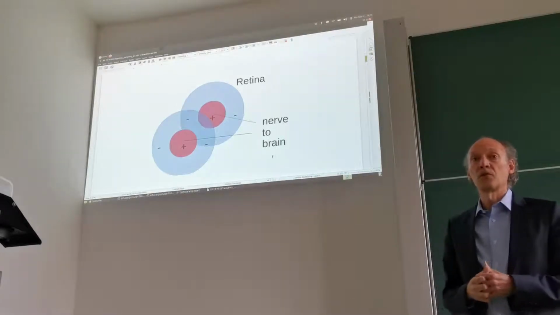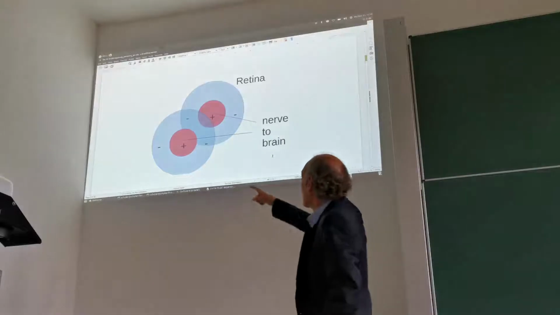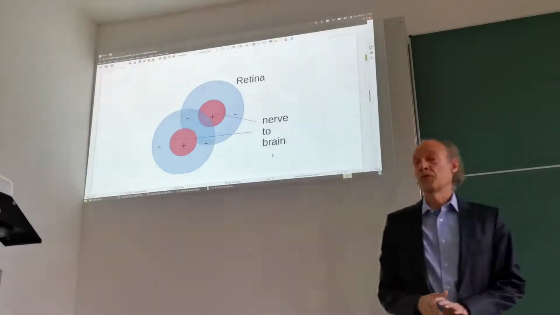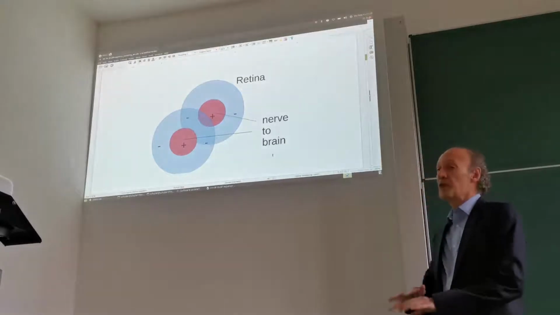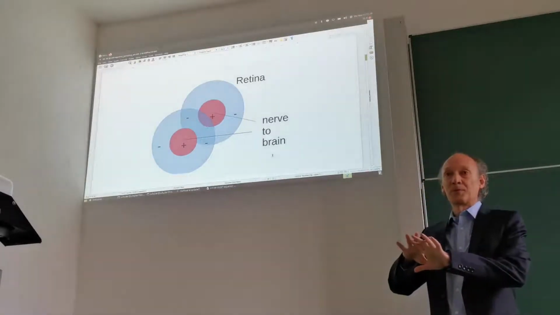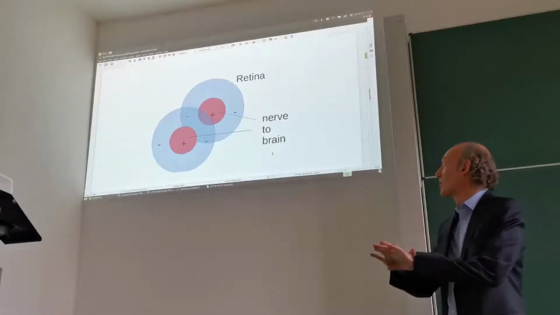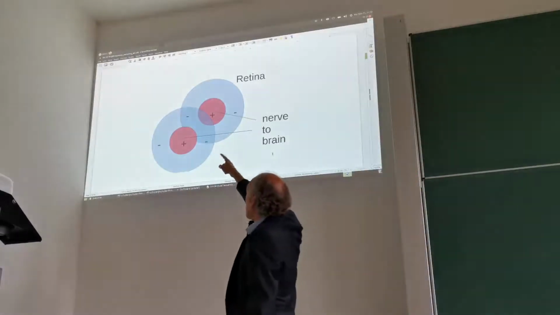So this is where you have the lateral inhibition, the negative weights. And here you can see that those receptive fields overlap. Right? It's not like they're bordering each other, they actually overlap, as you can see here.